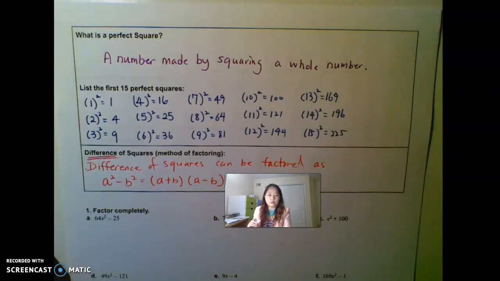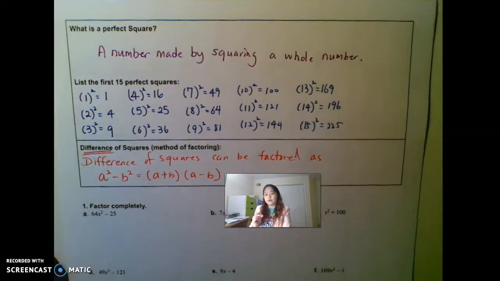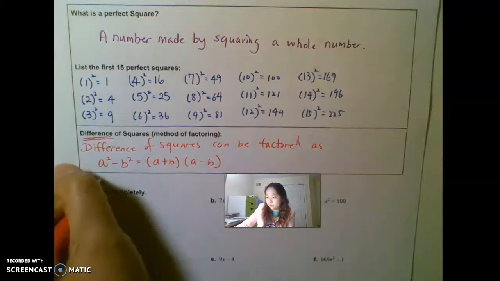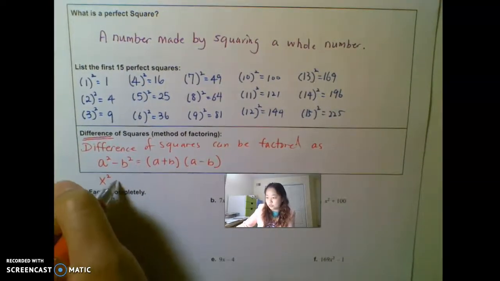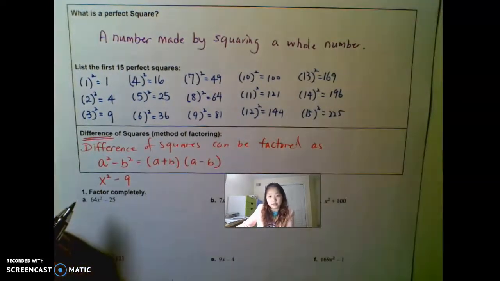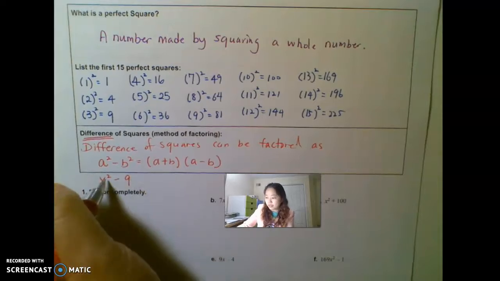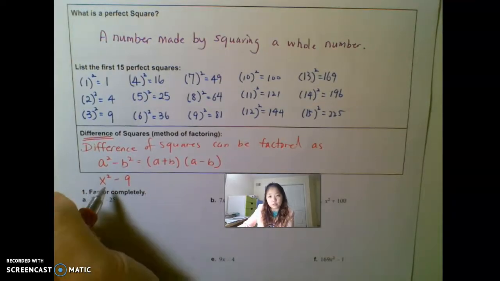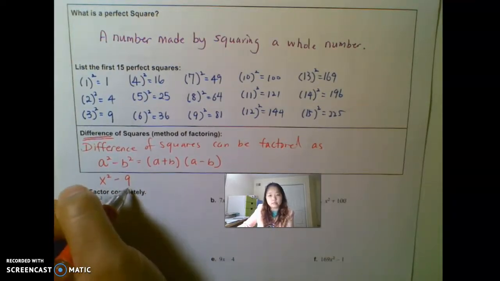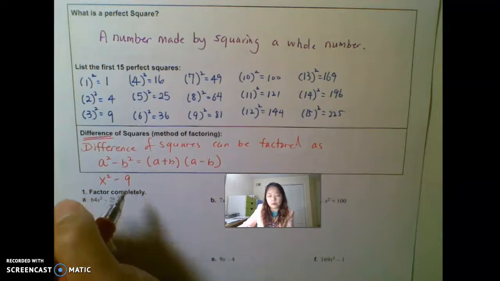So instead of what we were doing last year, we're just making it extra challenging. If you remember anything from last year, we had only something like x squared minus 9. Then x squared is x times x, so it's a perfect square. 9 is 3 times 3, so that's 3 squared.